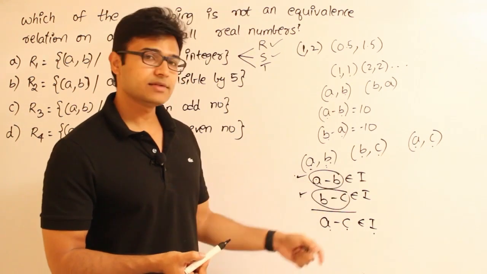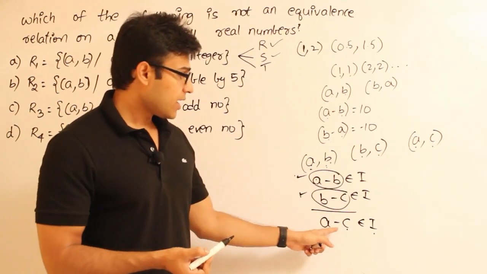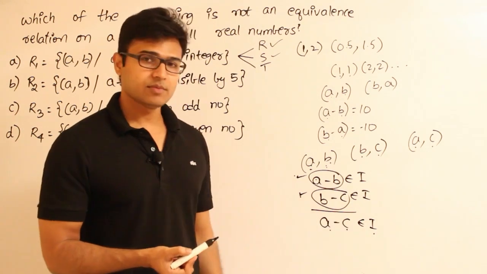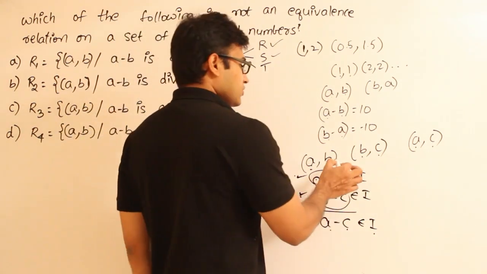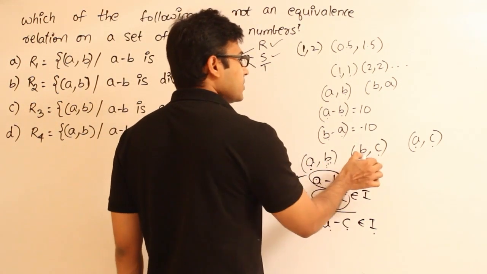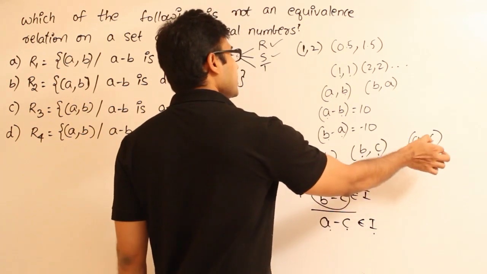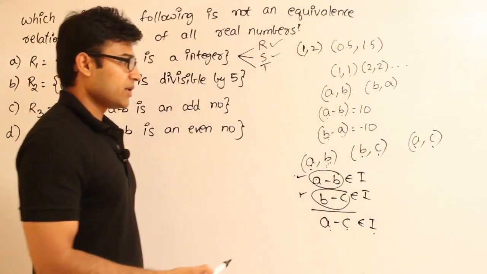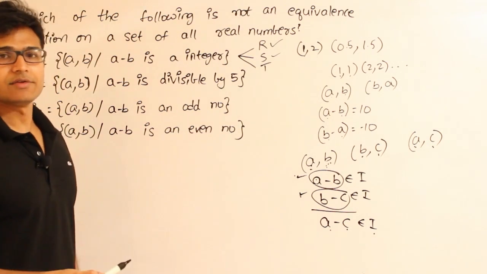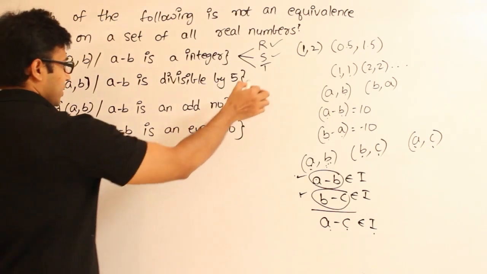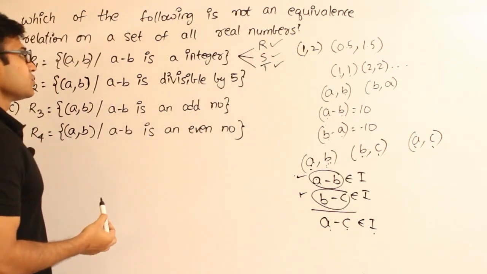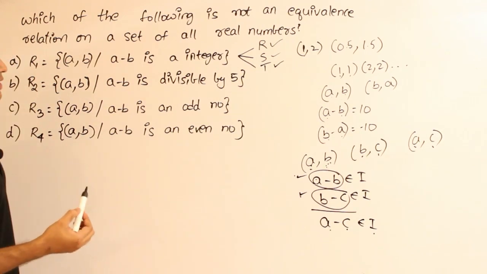Why? The sum of two integers is definitely going to be an integer, and therefore a comma c will also belong to R1, right? And so for every pair a comma b, b comma c, there will also be an ordered pair a comma c, which will be present in the relation, and so it is going to be transitive as well. So the first relation R1 is definitely an equivalence relation.